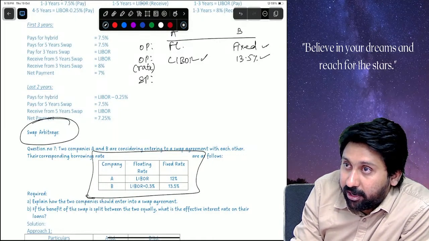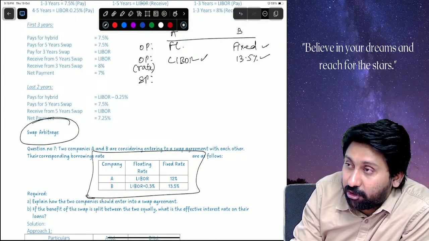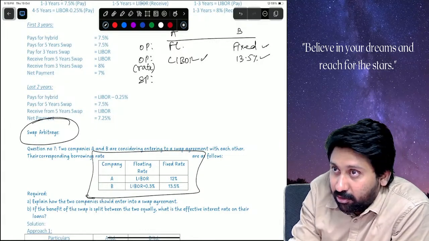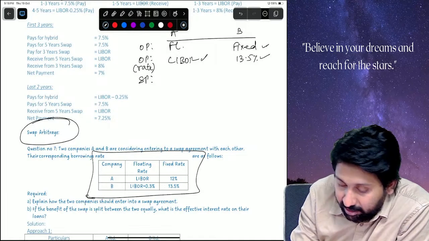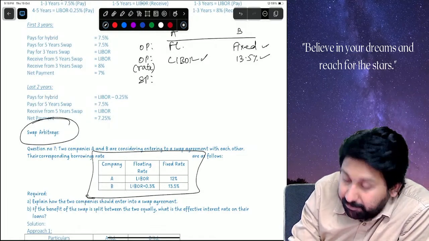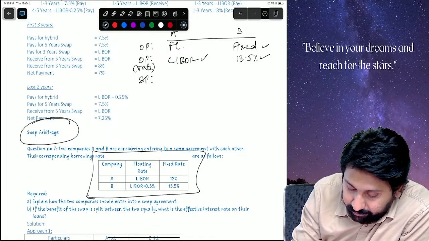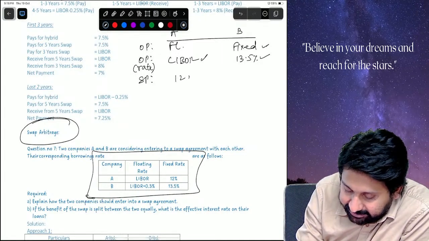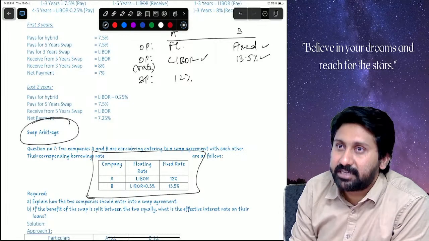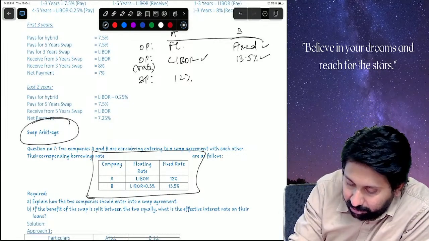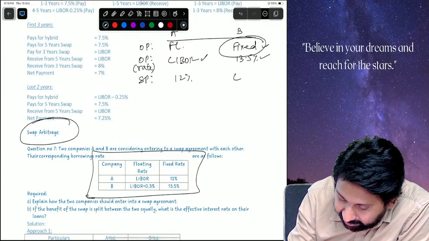A will tell that I want to borrow at a floating rate. Correct, no doubt. But my floating is how much? LIBOR. B will tell that you borrow at 12%. Your 12 I will pay, because I want to pay what? Fixed. I will borrow in LIBOR.